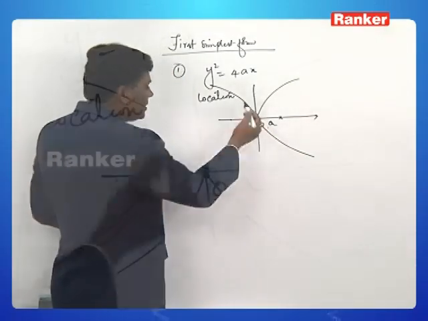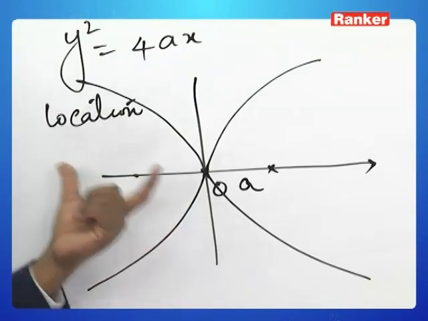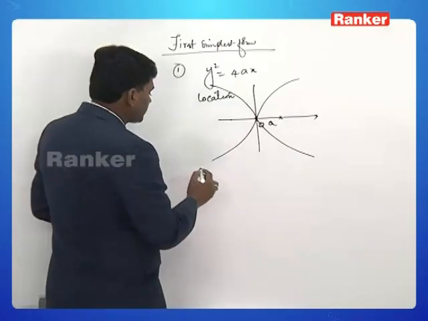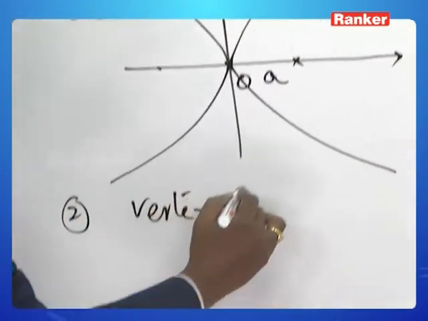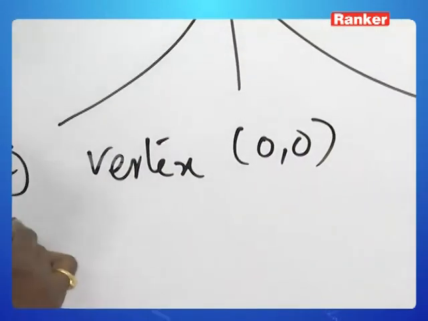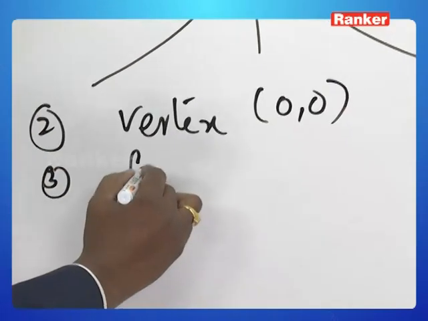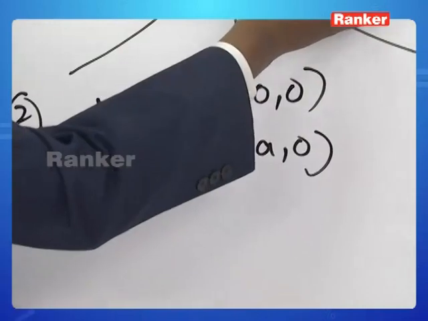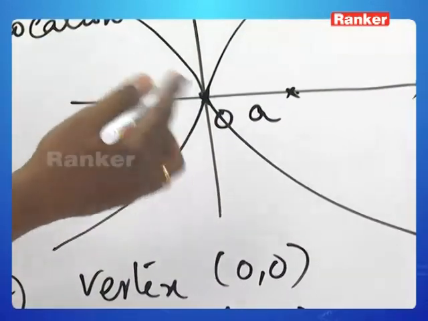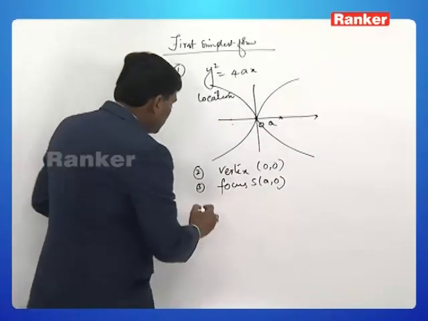If we analyze the properties of this particular curve, its vertex is origin, its focus is a comma 0 irrespective of its position, whether it is right side or left side.